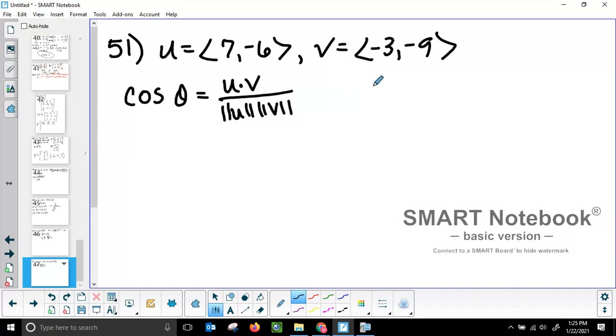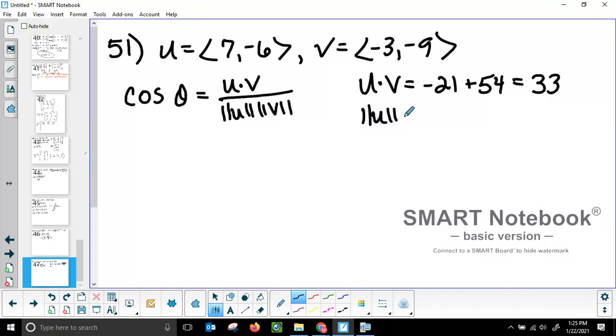All right, so let's find all of this stuff. First, U dot V is going to be -21 plus 6 times 9 is 54. So this would be 33. The magnitude of U will equal the square root of 49 plus 36, which is the square root of 85.